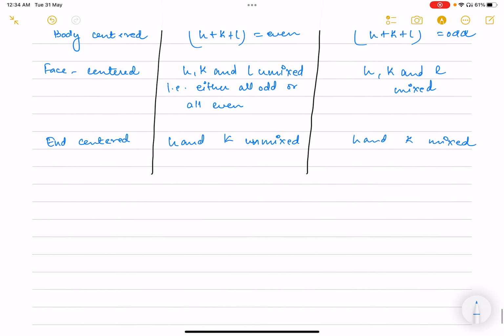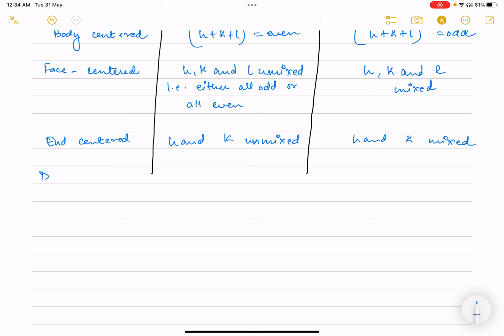Okay, and then we have one more, that is diamond cubic. So for this we have criteria 1, that H, K, L are all odd, and then criteria 2, all even, and H plus K plus L divisible by 4.